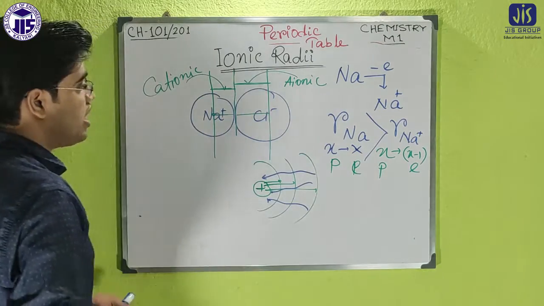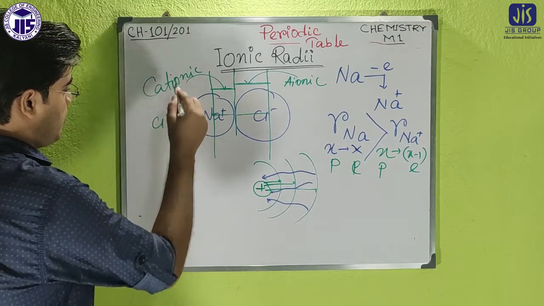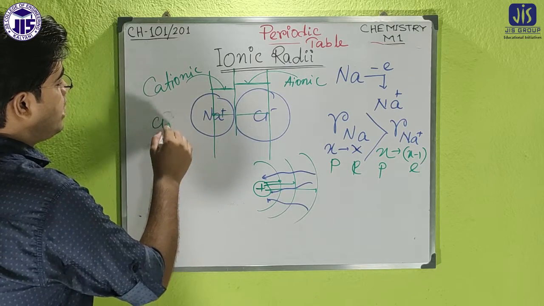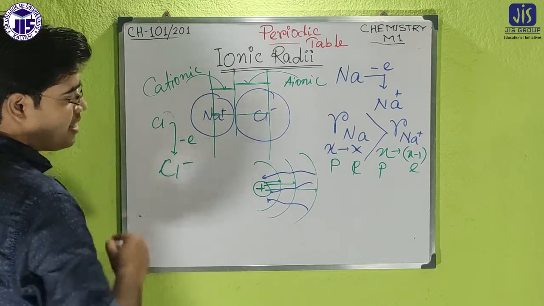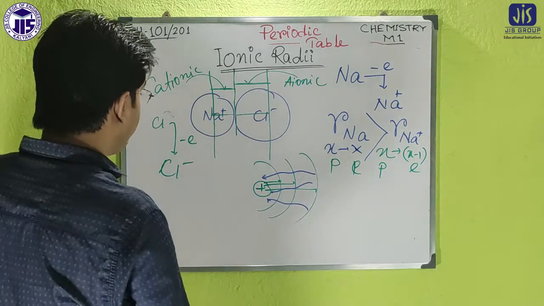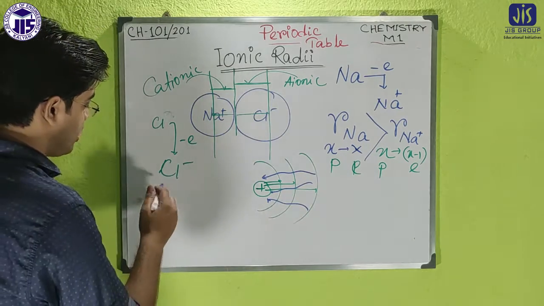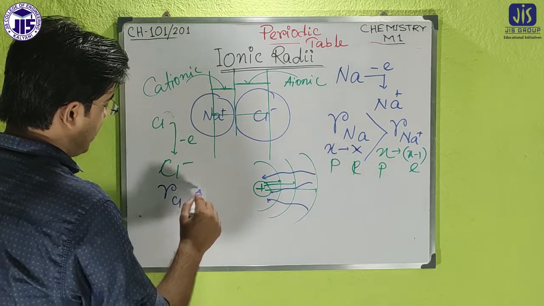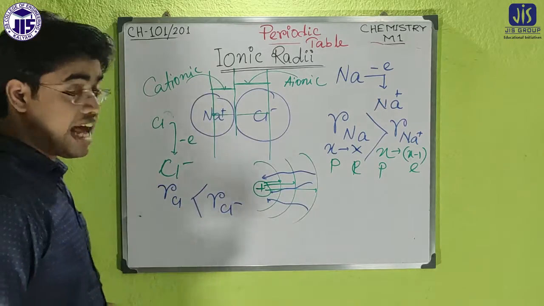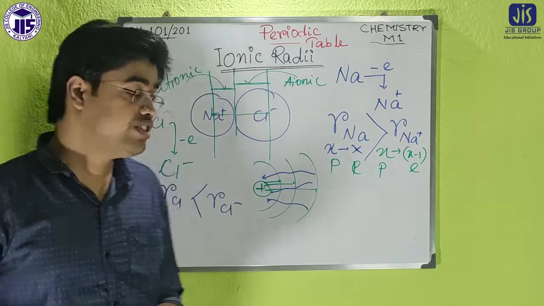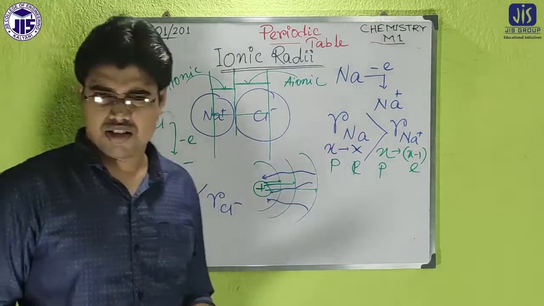Okay, so if you consider any anion like Cl, when Cl takes one electron, it will be Cl minus. Now if you consider the radius of Cl and the radius of Cl minus, obviously Cl minus has the higher radius with respect to Cl. Why? Same reason.